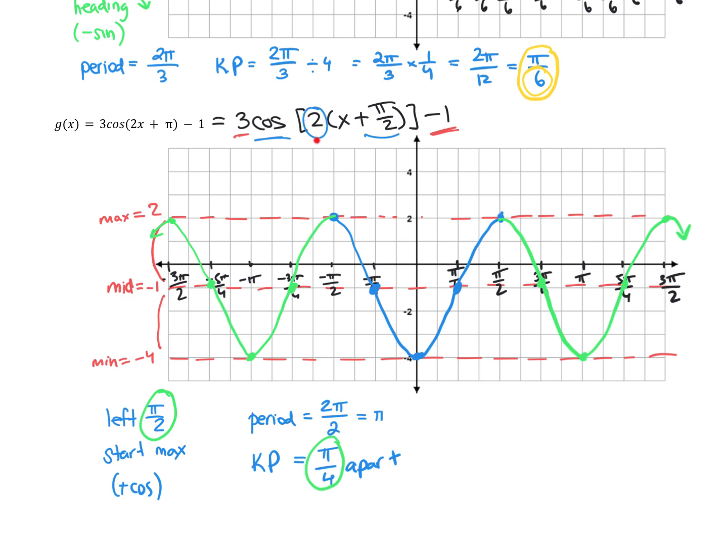Do 2 pi divided by your k to get the period, and then you can divide that period by 4 to get your key point. And your scale comes from your phase shift and your key point. If you have a good scale, drawing those points and connecting the dots becomes really quick and easy. But if your scale isn't nice and useful and clean, it's going to be messy and not very accurate.